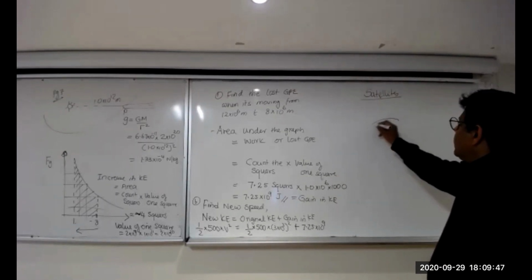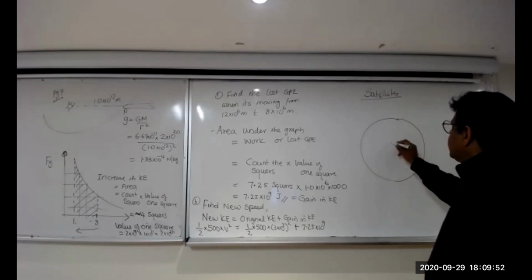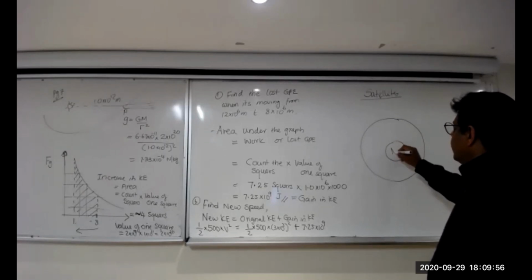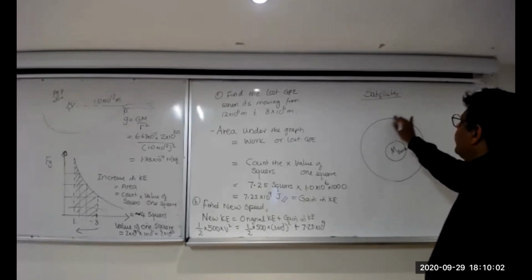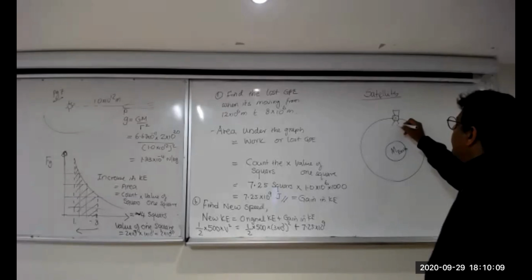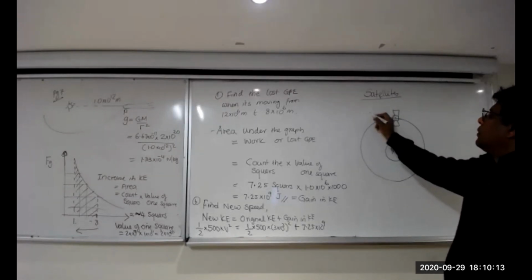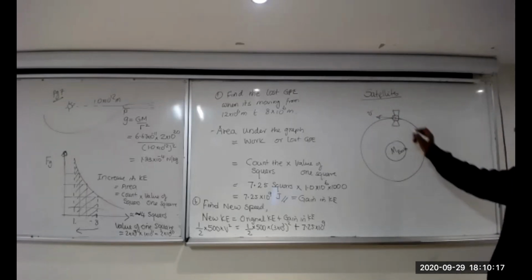So they're going on a circular path. It's a centripetal force. This is the mass of the central object, this is the mass of the Earth. When the satellites are orbiting around, they have only one force acting on them. Their speed will be along the tangent. The speed stays constant, velocity is not.